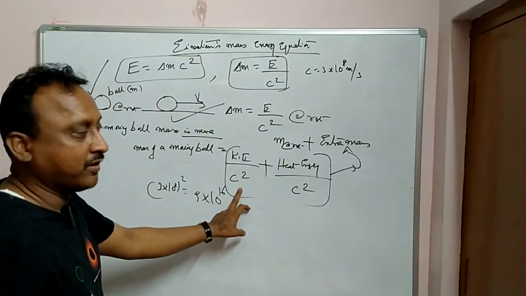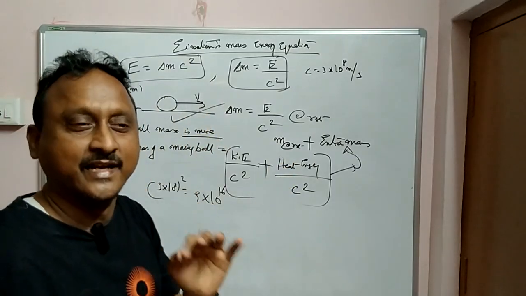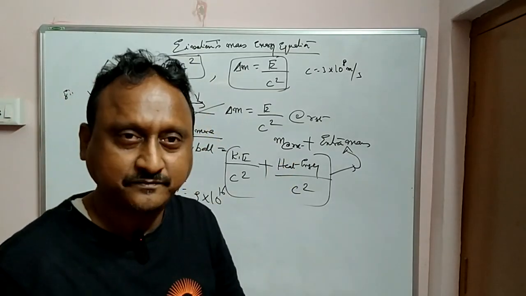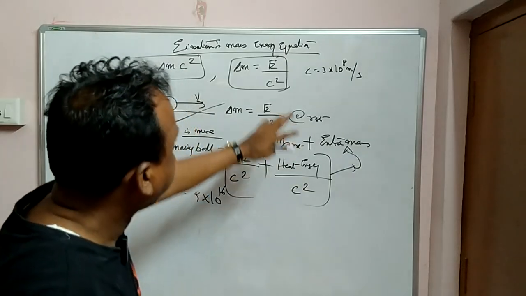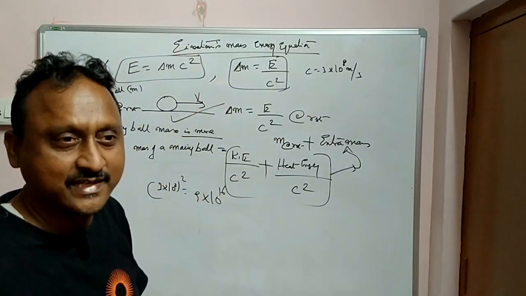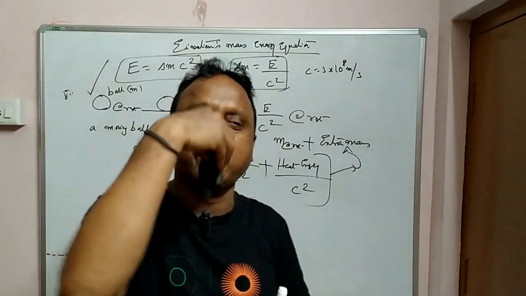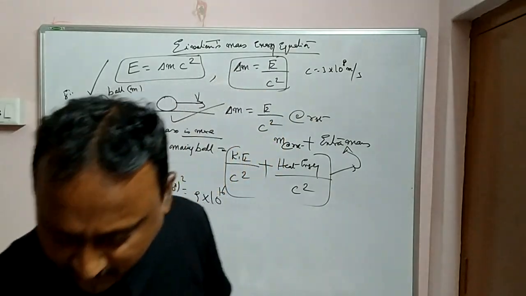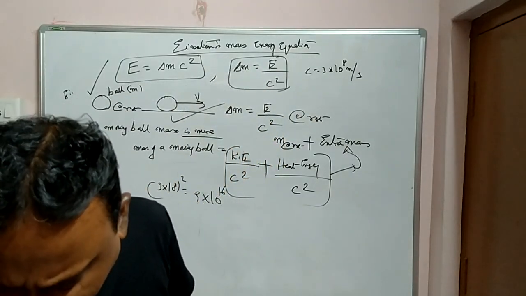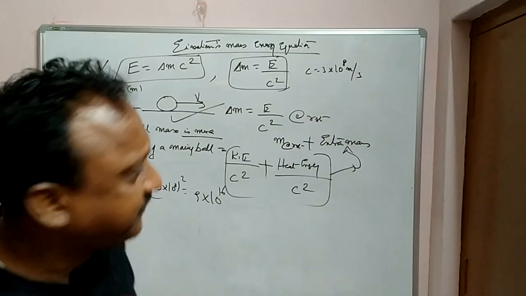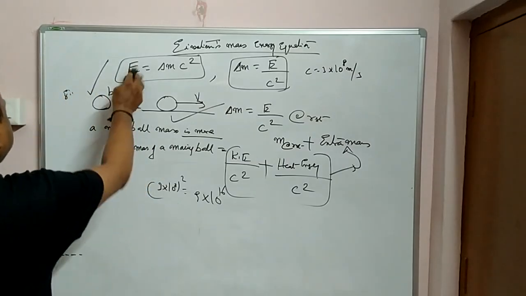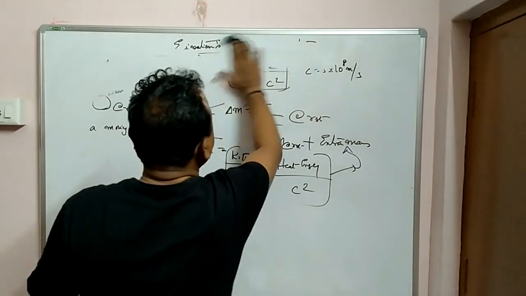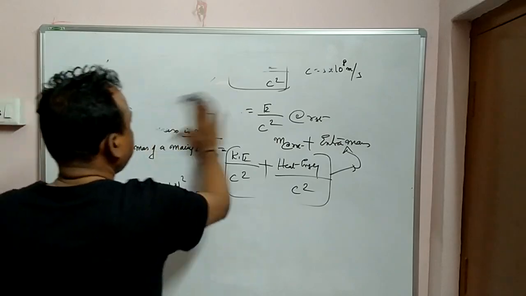But because the denominator value is huge, that extra mass is neglected. Clear? So this is how you can explain Einstein's mass energy equation. That means energy can be converted into mass, mass can be converted into energy. This one we will explain later on in mass defect clearly. Clear?